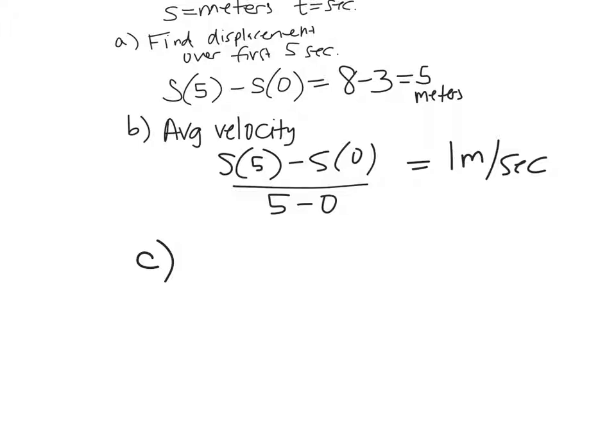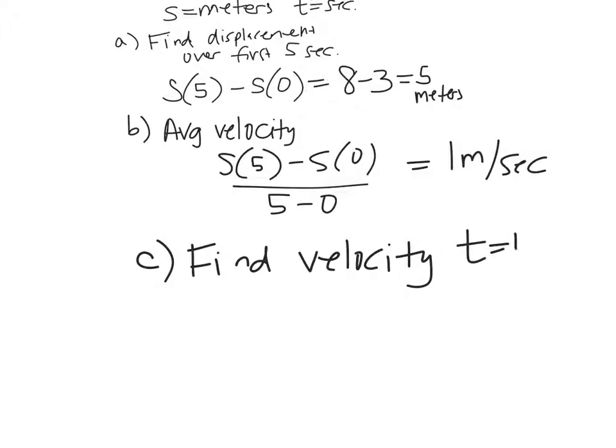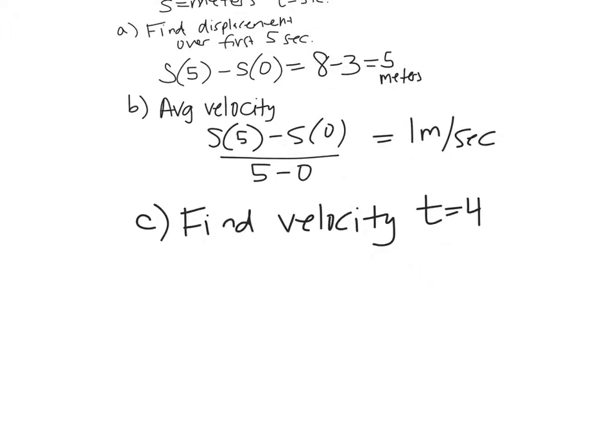All right, now here come the calculus questions, because that was all algebra. We are now going to find the actual velocity, the instantaneous velocity, at t equals 4 seconds. Your average from 0 to 5 is 1 meter per second, but what was it actually going at exactly 4 seconds? Was it going faster? Was it going slower? We'll find out.